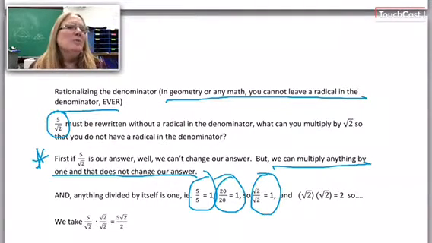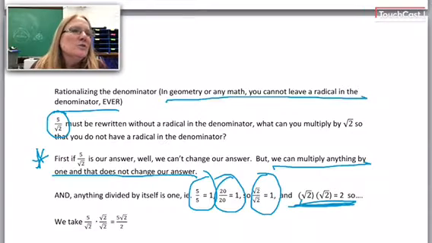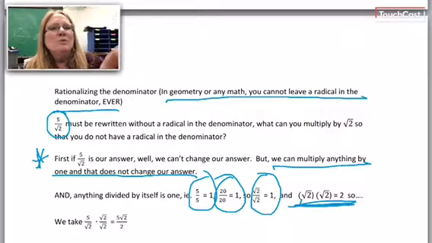And then if you go back to multiplying, we said the square root of 2 times the square root of 2 is 2. So anytime you have a radical in your denominator, if you multiply that by itself, you'll get rid of it. However, you can't change the value. So what you do is, we have 5 divided by the square root of 2.